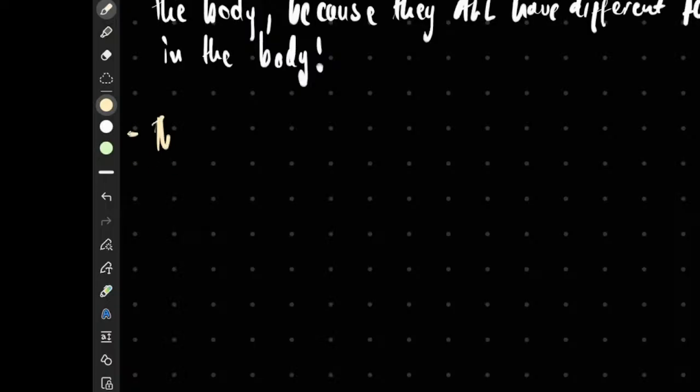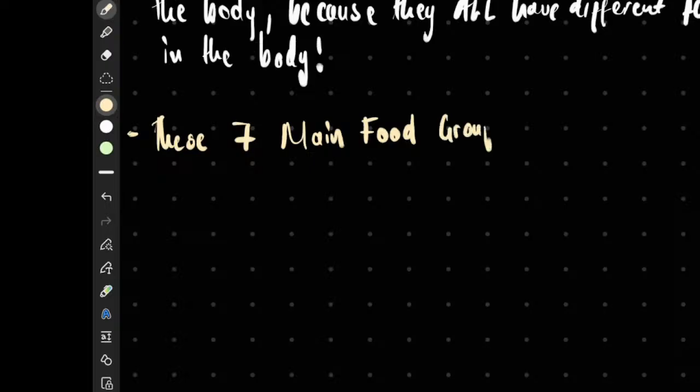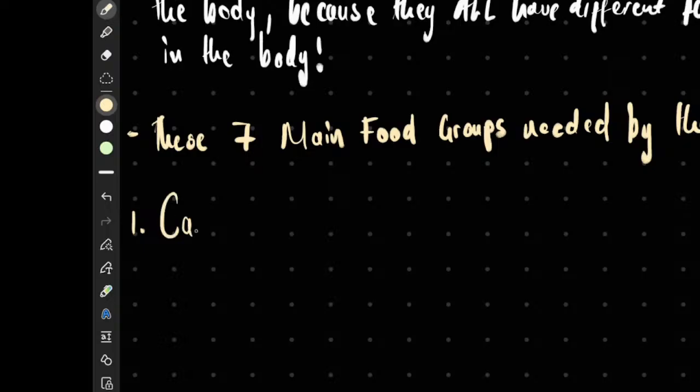Say, these 7 main food groups needed by the body are, you say one, carbohydrates.